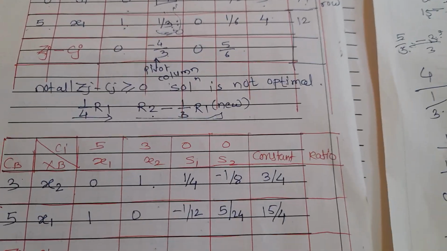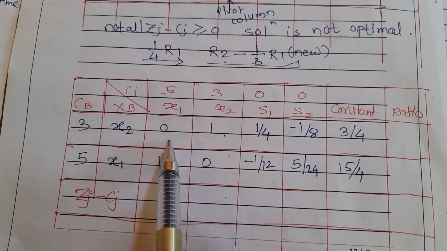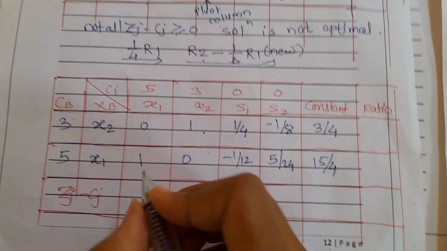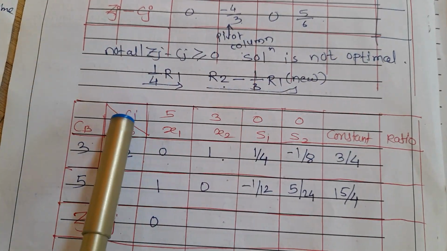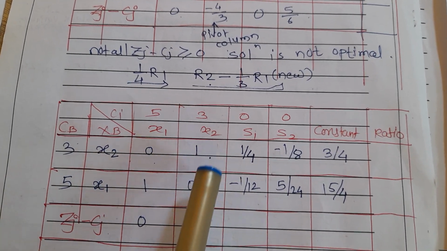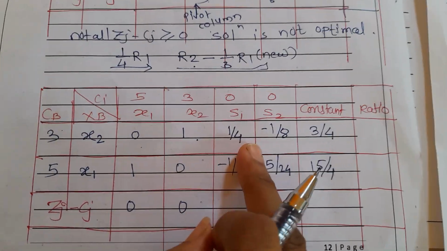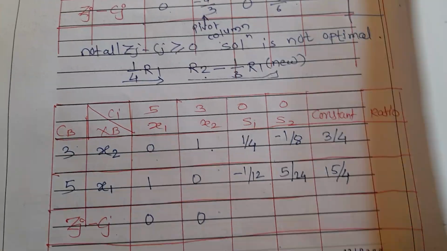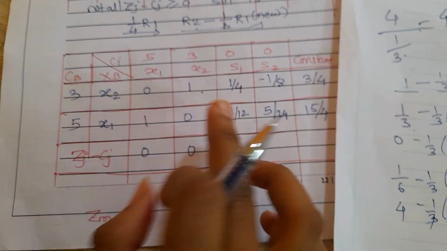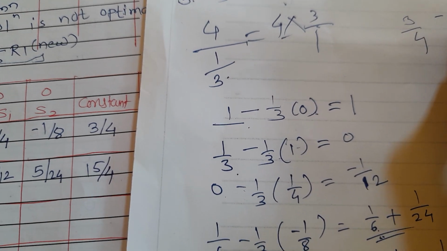Now we find Zj minus Cj. 3 into 0, 0, plus 5 into 1, 5. 5 minus 5, 0. 3 into 1, 3. 5 into 0, 0. 3 plus 0, 3. 3 minus 3, 0. 3 into 1 by 4, 3 by 4. 5 into minus 1 by 12, minus 5 by 12.